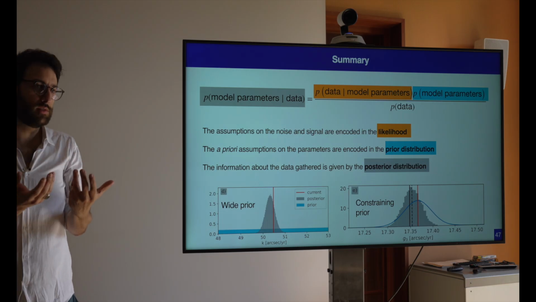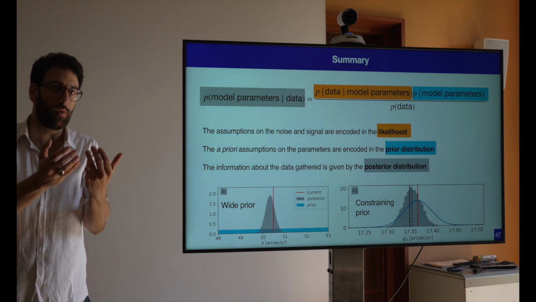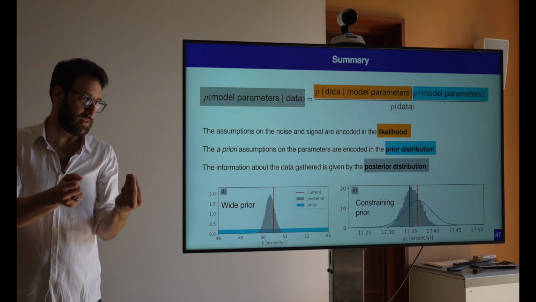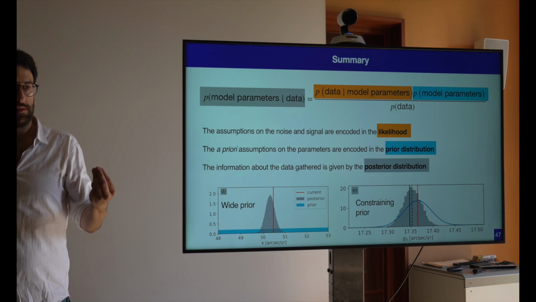So this encodes the idea that your prior is coming from the current values, which are determined very precisely, plus the fact that you have some uncertainty that grows in the past.